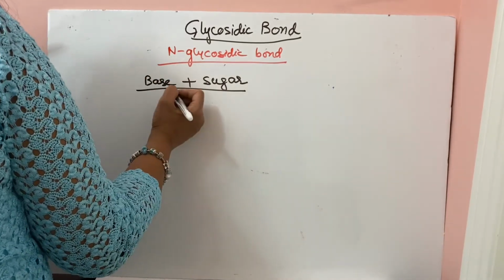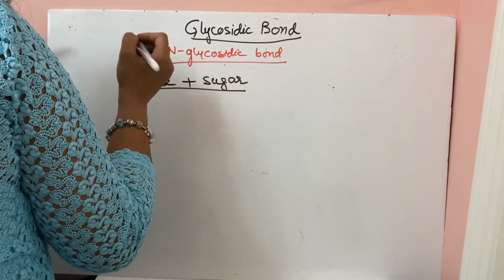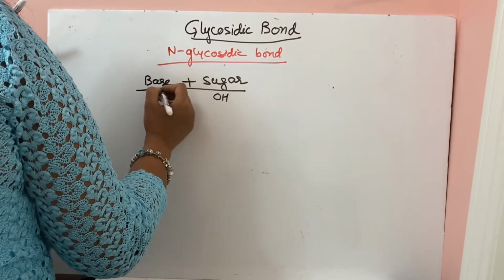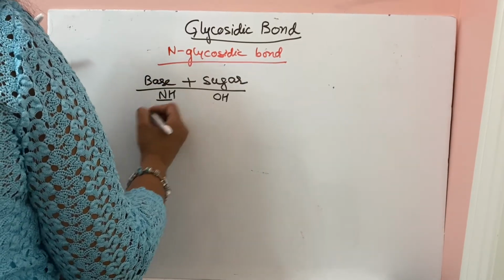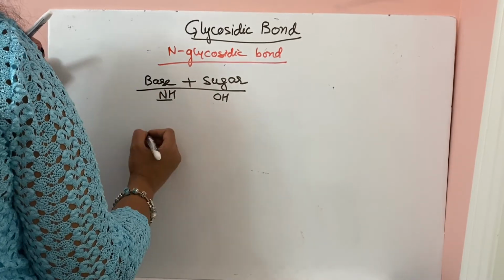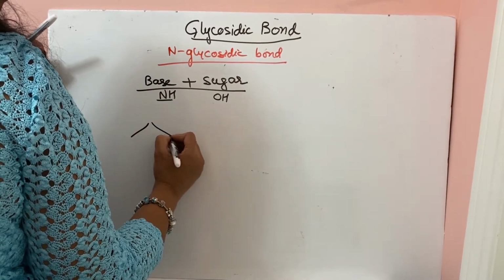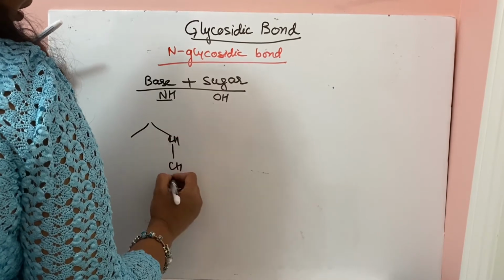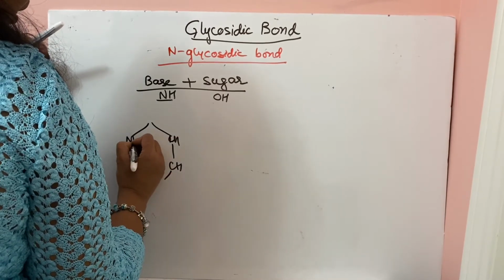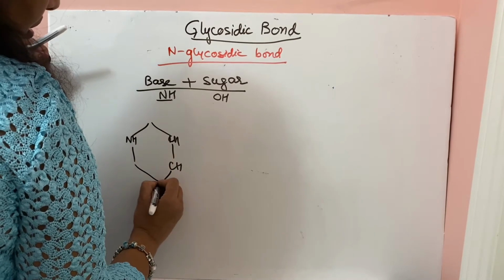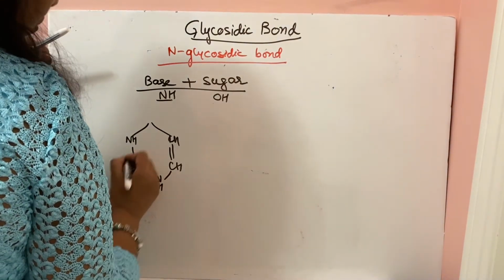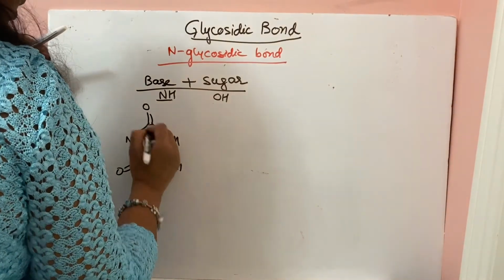So in the case of nucleoside, the bond is formed between the hydroxyl group of the sugar and the amino group of the base. The base can be purine or pyrimidine. I am giving you the example of uracil. It is a nitrogenous base, NH, NH. Here is a double bond O, double bond O.